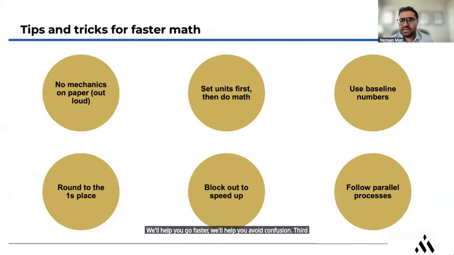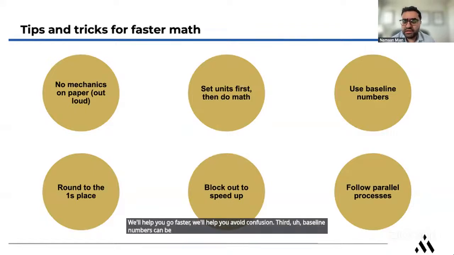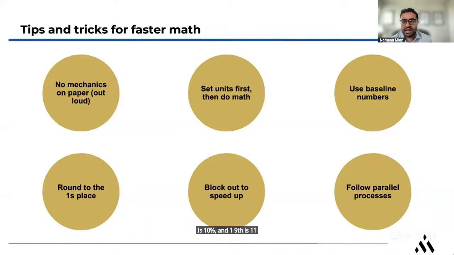Third, baseline numbers can be incredibly effective. In our mental math course, we've got a whole lesson that a lot of you should have access to around baseline numbers. You know that 1/10 is 10%, and 1/9 is 11%, and 1/8 is 12.5%, and 1/5 is 20%. 1/50th is 2%.